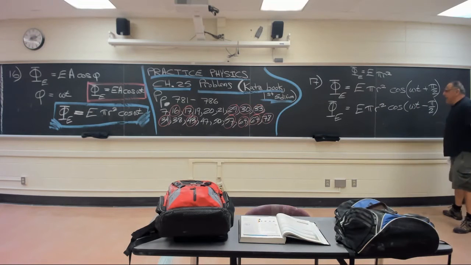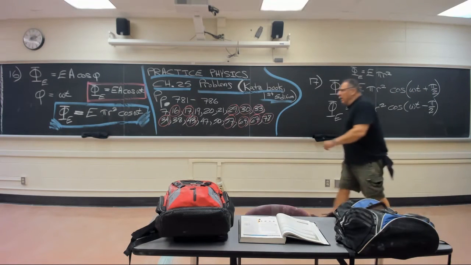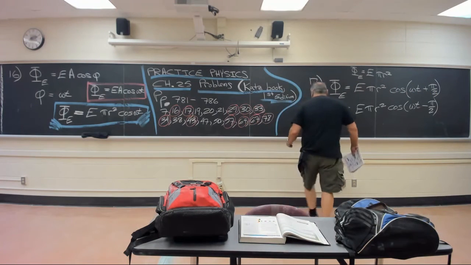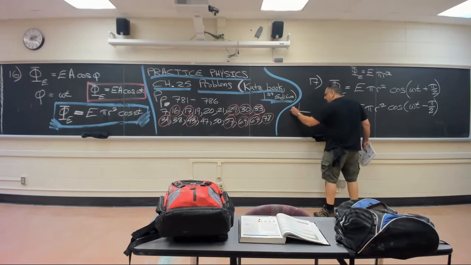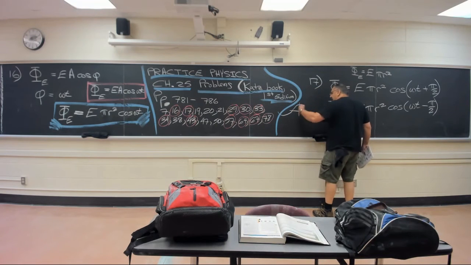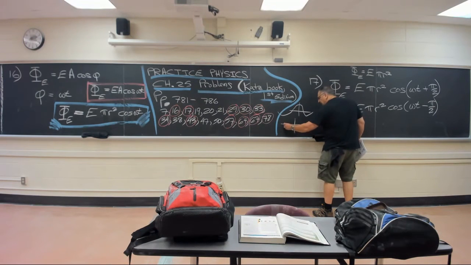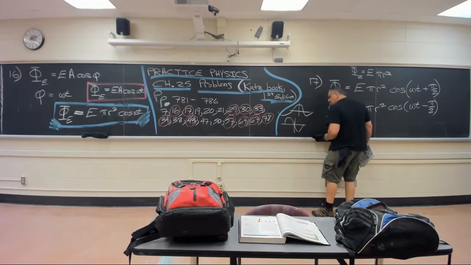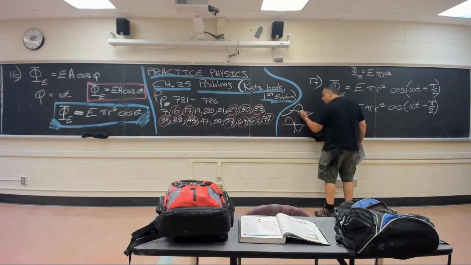If you look at the cosine function, if you add pi over 2, you make things happen earlier, and it ends up looking something like this. That's when you add pi over 2. You're making everything happen earlier, so what was happening here is going to happen over here.